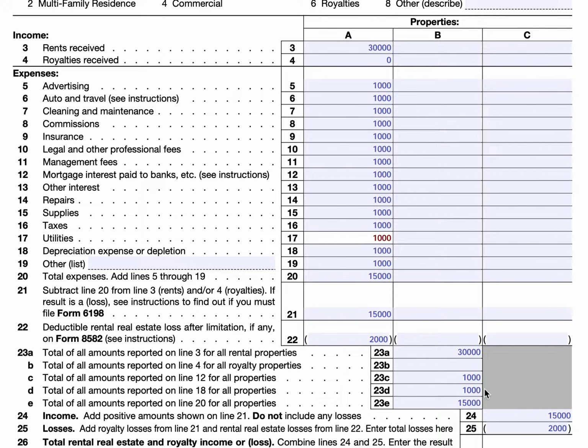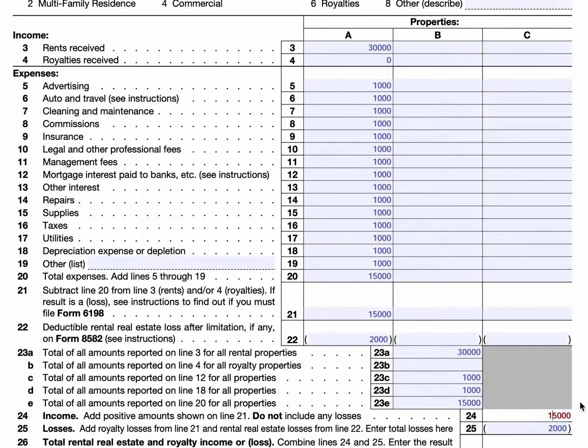Line 18 is your depreciation expense, also depletion expense for those taxpayers who are interested in oil and mineral depletion rights. I apologize for the short mention to all of you esteemed taxpayers. In line 20, that's the total expenses across all columns.